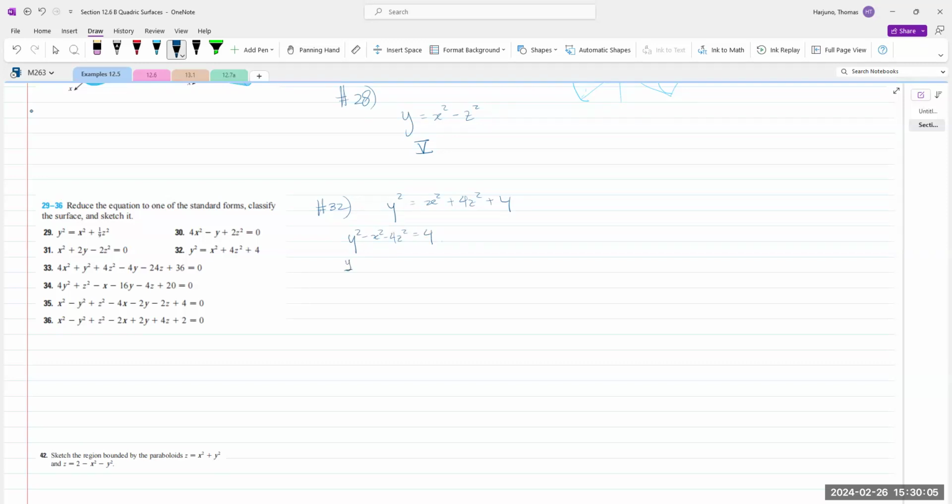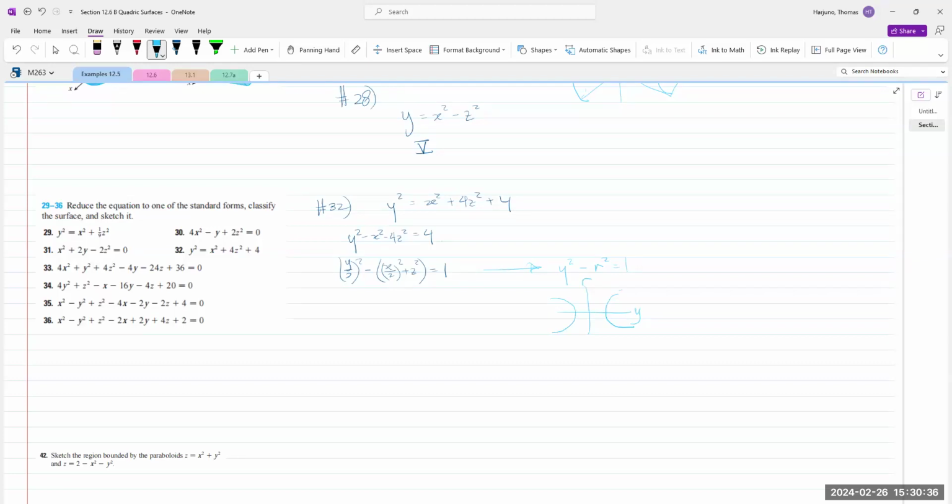So that's y over 2 squared minus x over 2 squared plus z squared equals 1. The reason I write it like that is so that we see the basic form, y squared minus r squared equals 1. If this is the y, this is the r, then it opens this way in the y direction, right?